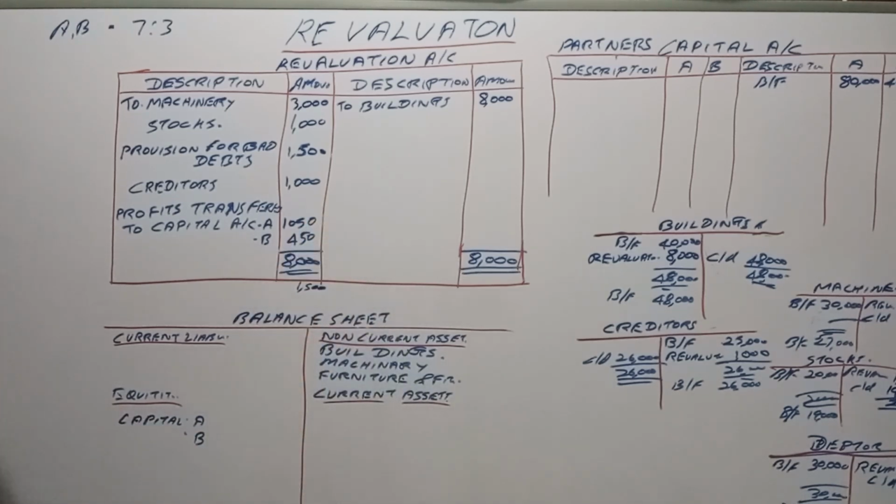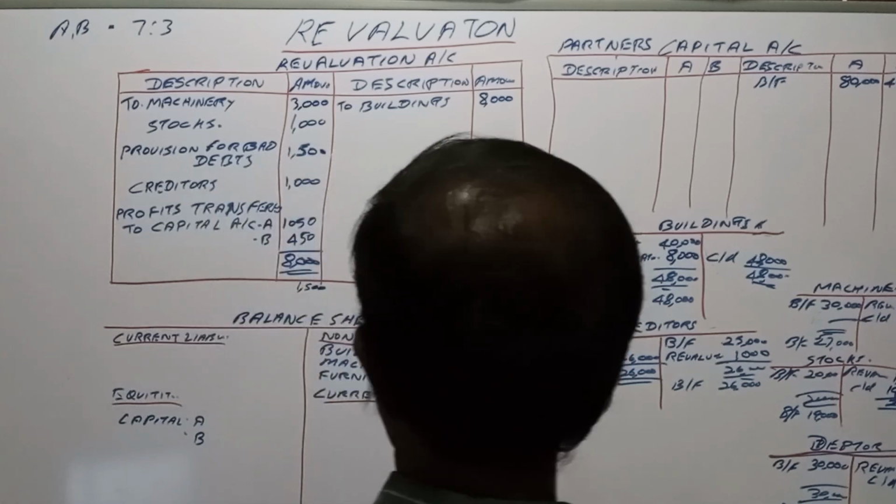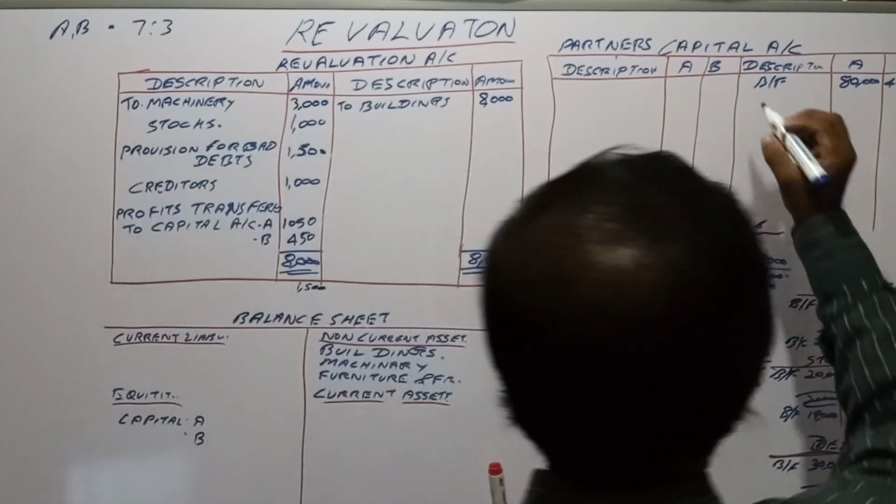So divided by 7 into 3, 450. So this is the profit, but we have to transfer it to the capital account.